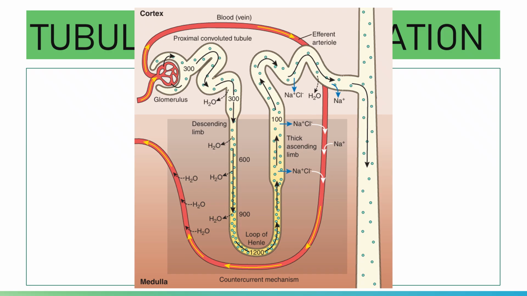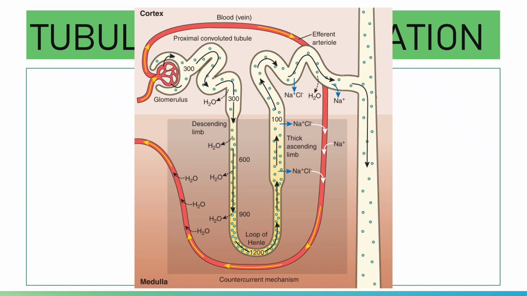Again, for your vasa recta, the blood flows in opposite directions in the descending and ascending limbs of the vessels. This maintains a gradient by slow blood flow and solute exchange.